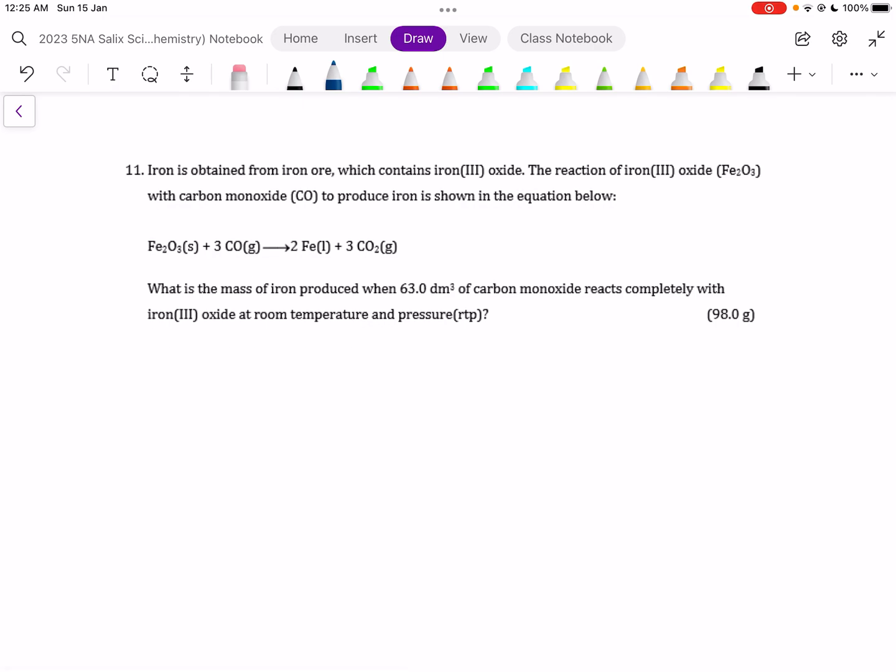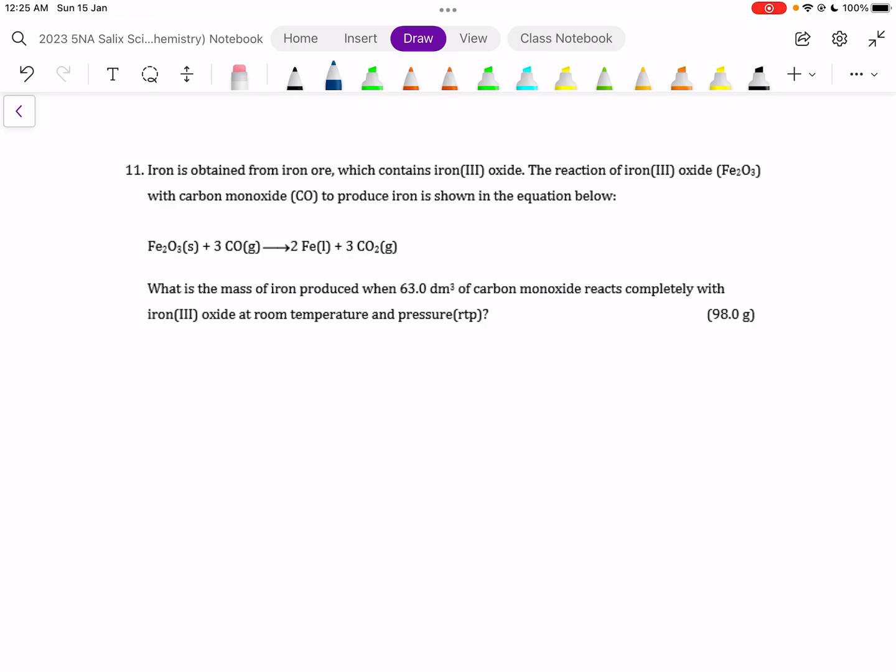You are told, this one you probably have seen before, from the blast furnace. Iron is obtained from iron ore which contains iron trioxide. The reaction of iron trioxide with carbon monoxide to produce iron is shown in the equation below.